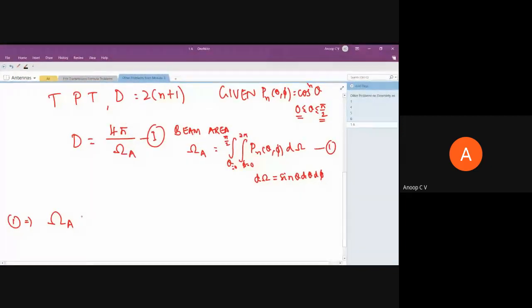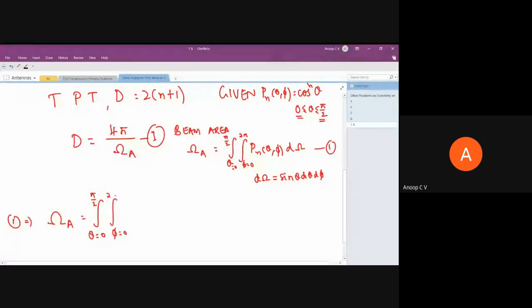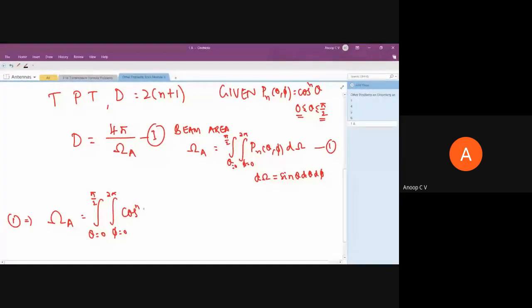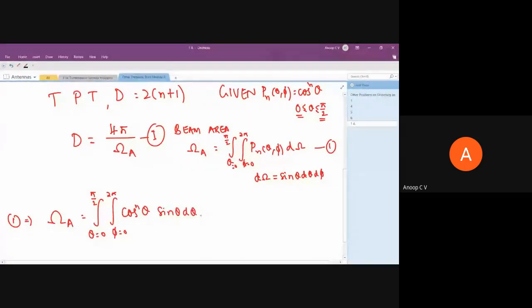Omega A is equal to the integral of theta from 0 to pi by 2, the integral of phi from 0 to 2 pi, of Pn theta phi, which is cos raised to n theta sin theta d theta d phi.